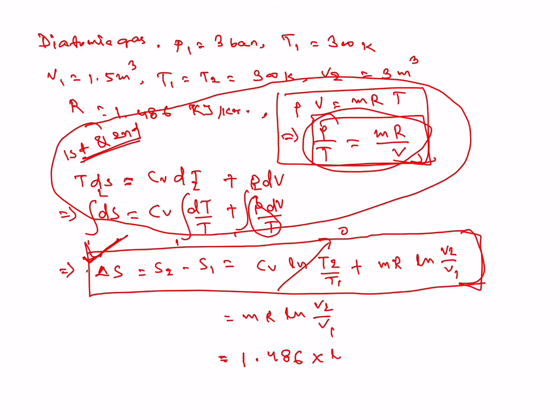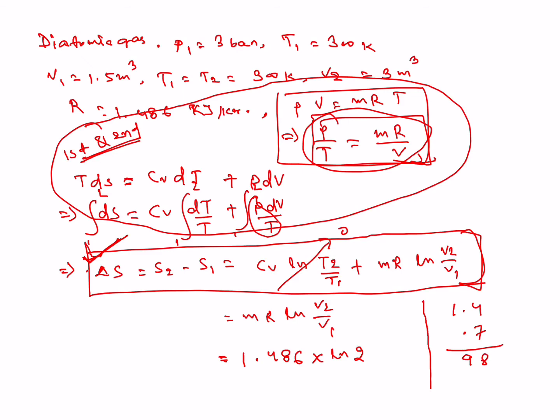Then your ln V2 by V1, V2 is how much? 3 by 1.5. So ln 2 you will get 0.69 or 0.7. 1.486, say 1.4, into 0.7. How much you will get?